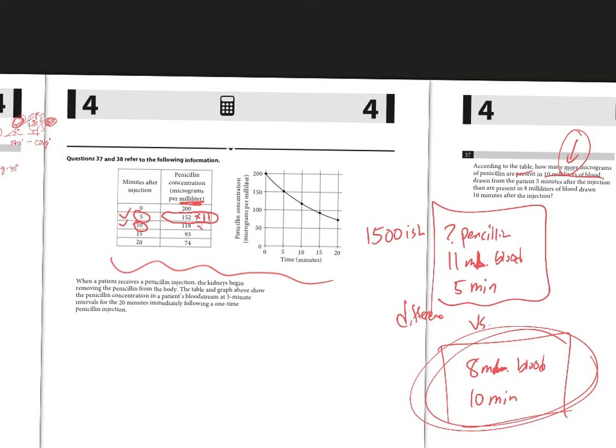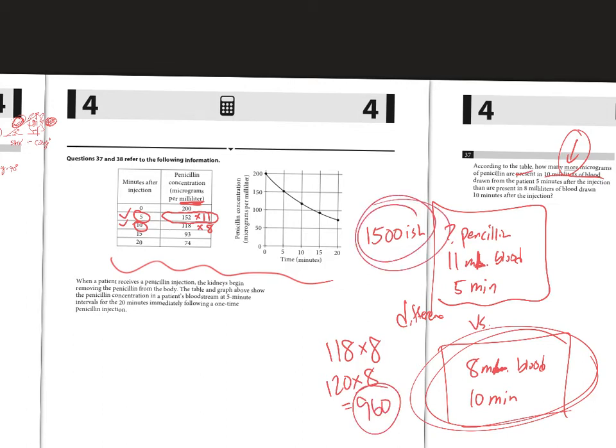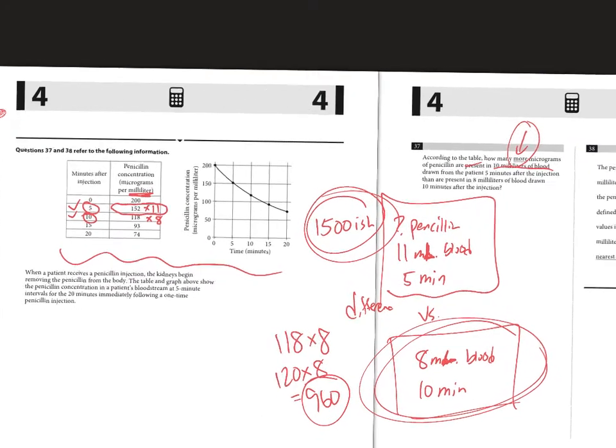And if we want 8, we have to multiply the 118 times 8. Again, I'll just do a quick estimate: 120 times 8 is like 960. So our answer should be somewhere around 500, 600, something like that. That's how to quickly break it down.